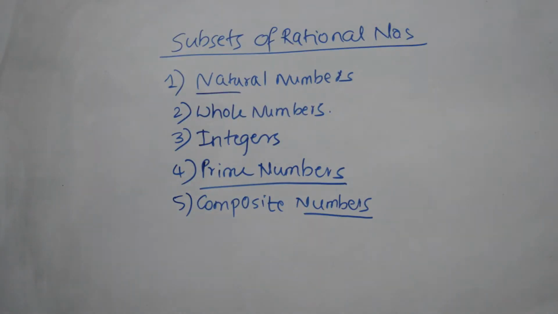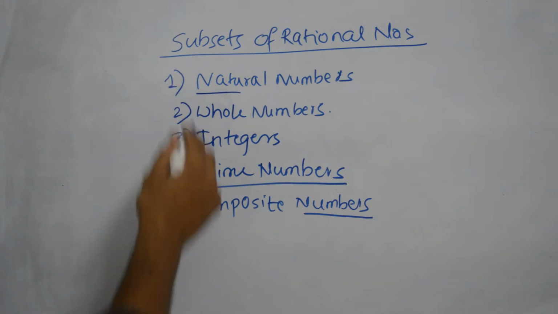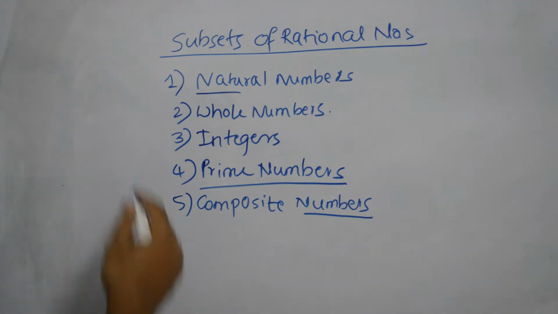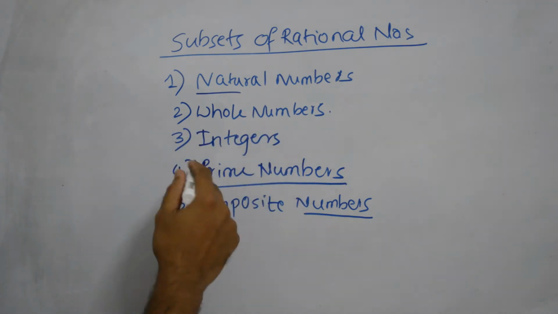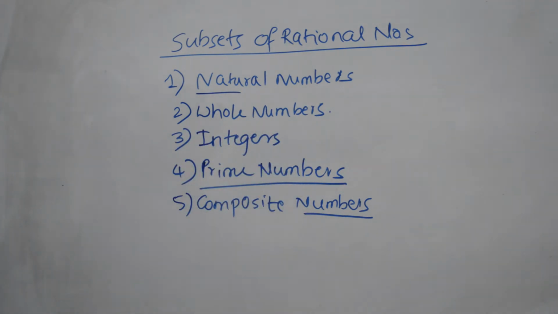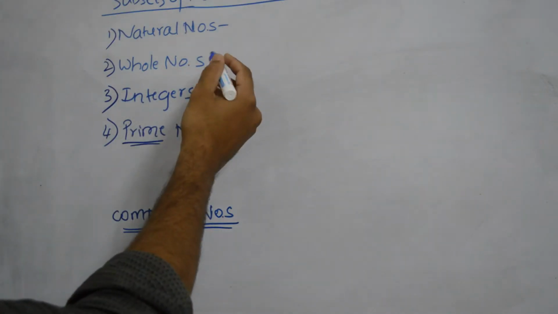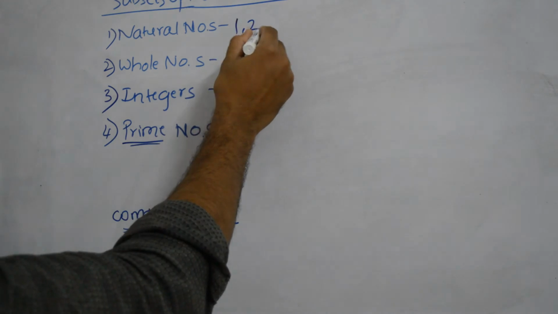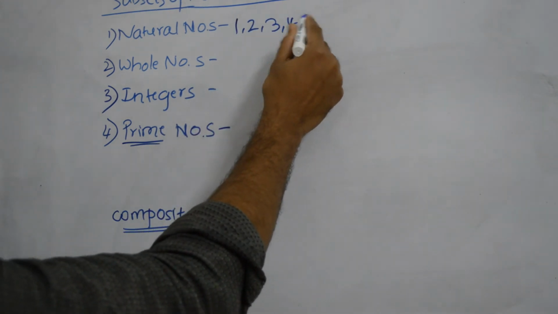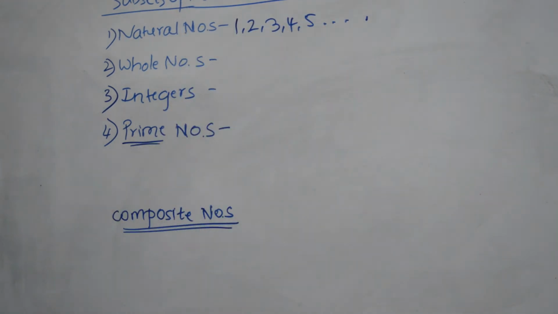So let us see the subsets of rational numbers. The following are the subsets: natural numbers, whole numbers, integers, prime numbers and composite numbers. Natural numbers are all the positive numbers: 1, 2, 3, 4, 5. These are called natural numbers.